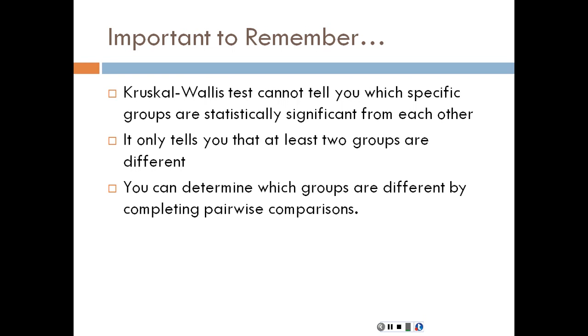It only tells you if there are 2 groups that are different. In order to determine which groups are different, we have to complete a follow-up analysis using pairwise comparisons. And I'm going to go through this more in part 2 of the lecture.